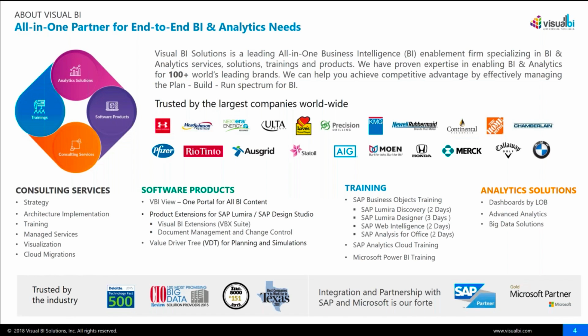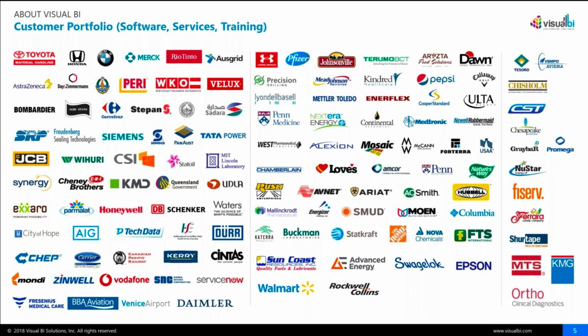I just wanted to introduce Visual BI to all of you. Visual BI is a marquee firm that focuses on BI and analytics because of the depth of our consulting services, software products, and training offerings, and has gone on to acquire several marquee SAP customers. As a partner of SAP and as a gold partner of Microsoft, Visual BI has gone on to acquire 100+ customers across the globe.